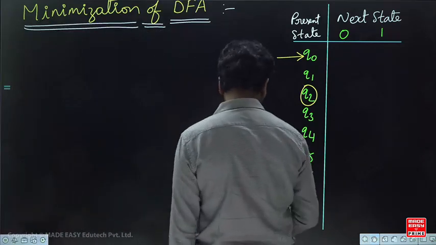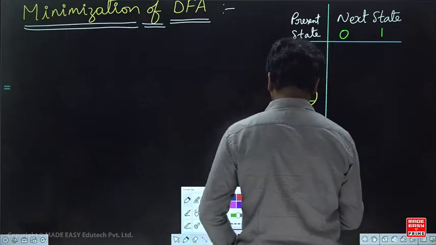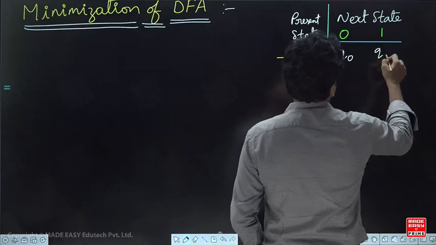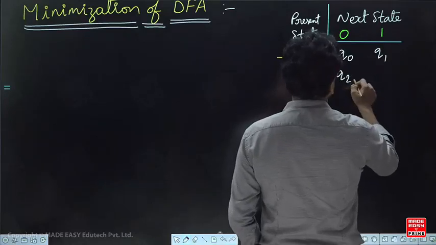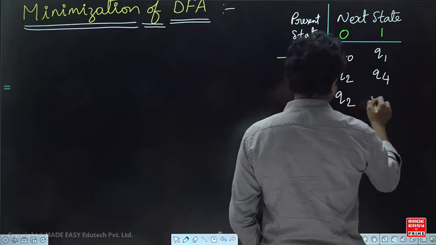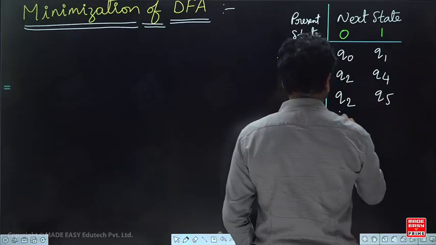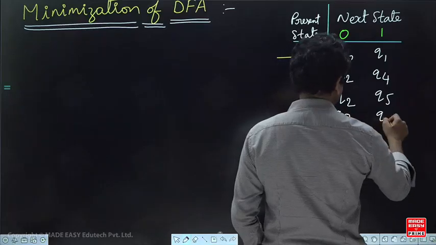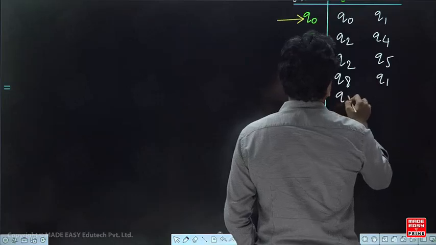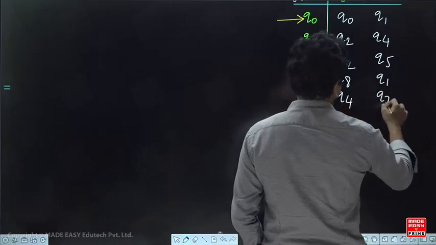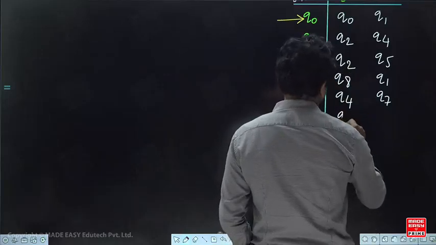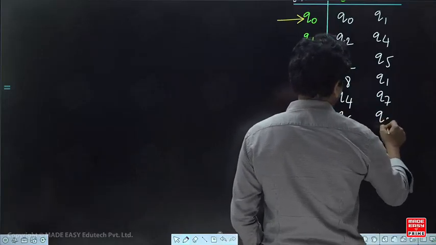Copy this. Q0, Q1, Q2, Q4, Q2, Q5, Q8, Q1, Q4, Q7, Q5. I'll go for Q6 and Q2.